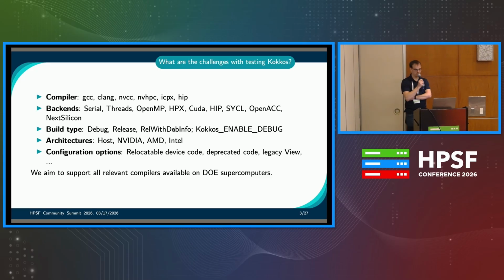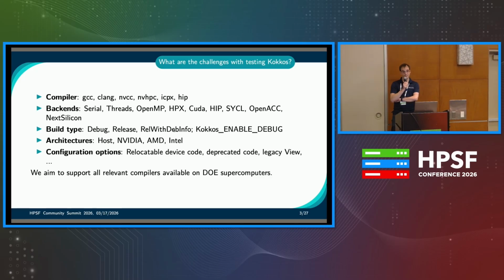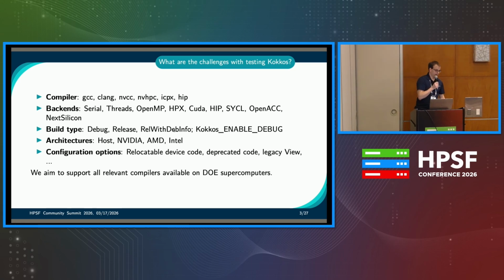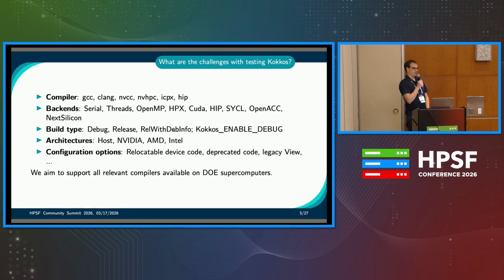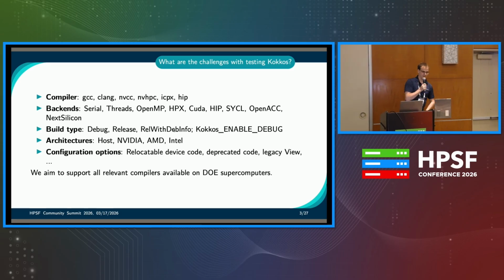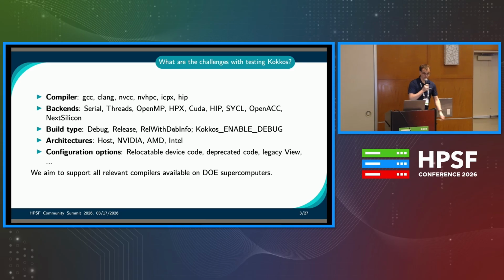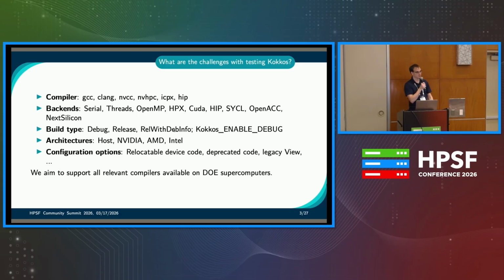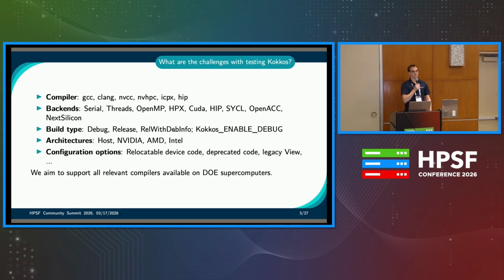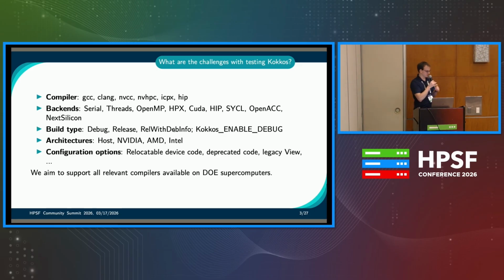And then, of course, other configuration options: relocatable device code, deprecated code, legacy view, all kinds of different things, some a little bit more backend specific, like if you want to use a memory pool or whatnot. Accommodating all of that is a really difficult task, and we have to choose how we do this because we don't have infinite resources.